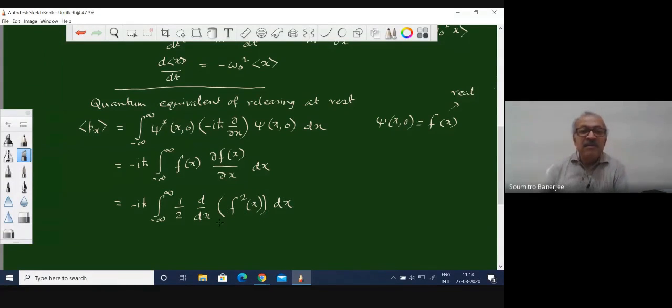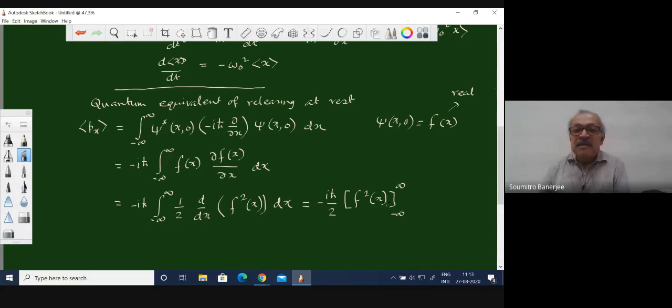Right? The 2 will cancel with this, and then you get exactly this. And therefore, this is nothing but minus iħ by 2, and if you integrate that, it is f squared x evaluated at minus infinity and infinity.